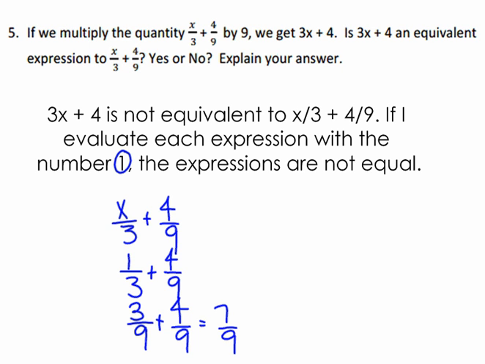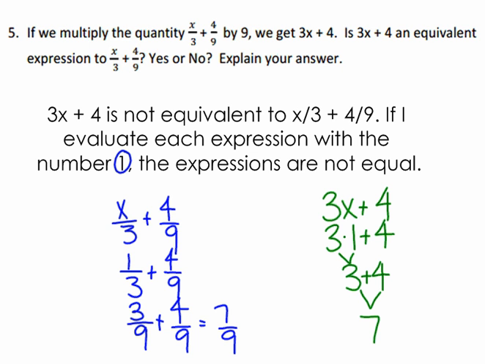Then on the second expression, 3x plus 4, when I substitute in 1, I get 3 times 1 plus 4, which is 3 plus 4. And that simplifies to 7. And again, we can see 7 ninths and 7 are not equal. They are not equivalent. So multiplying the expression by 9 does not keep the two expressions equal to each other.